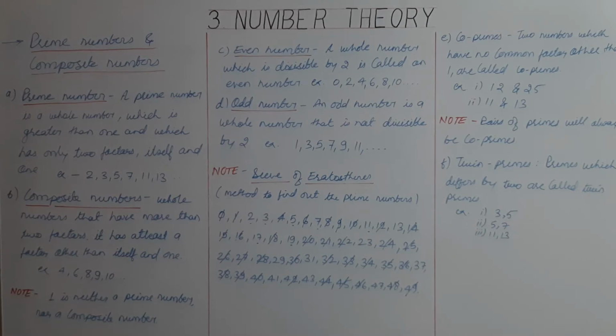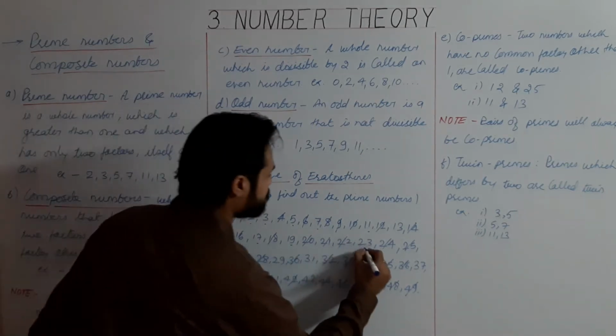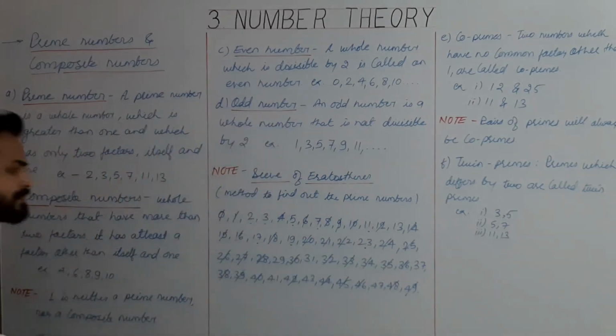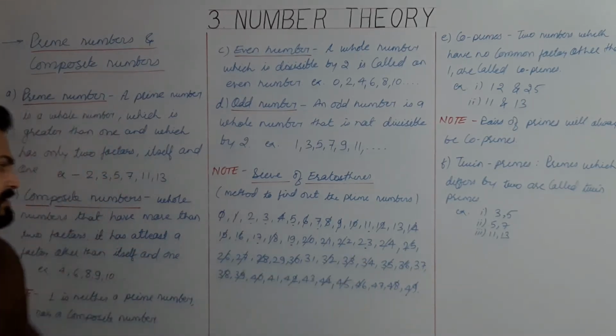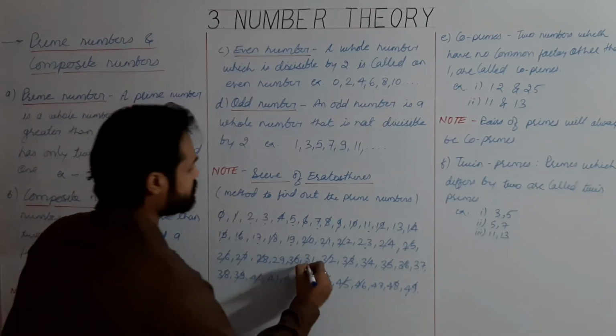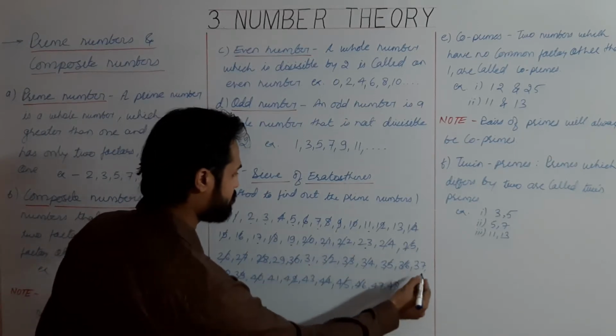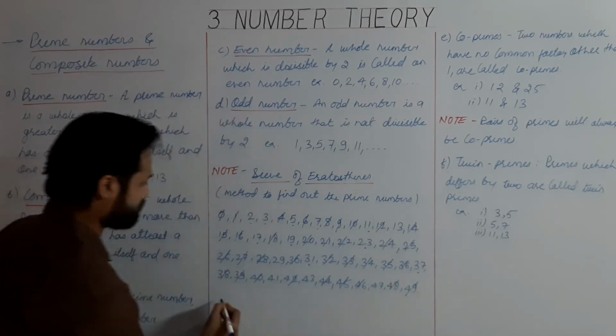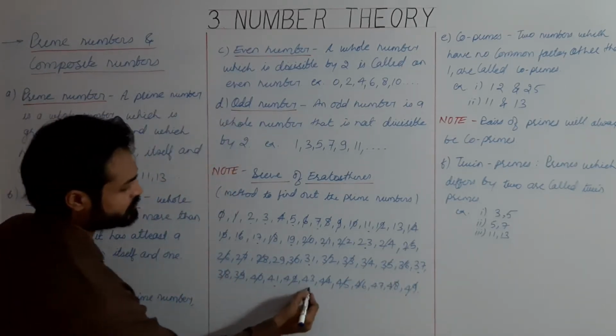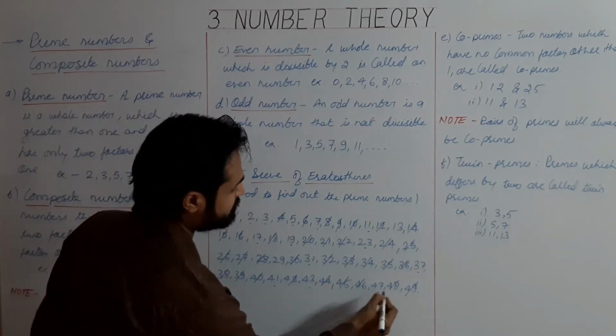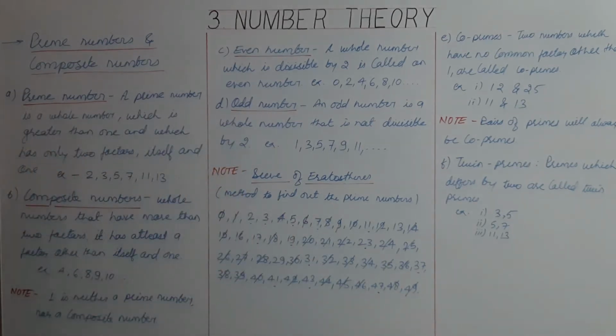Then we have 23, the next uncrossed number. Leave it and check multiples of 23. So 23 into 2 is 46, already crossed. Next numbers 31, then 37, 41, 43, 47. So these numbers are prime numbers.